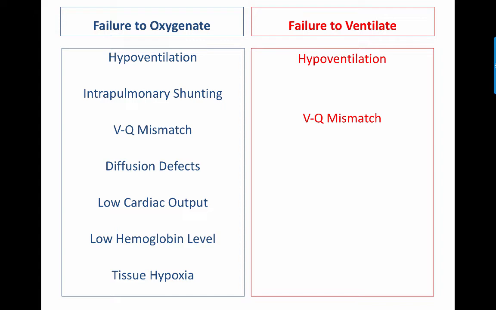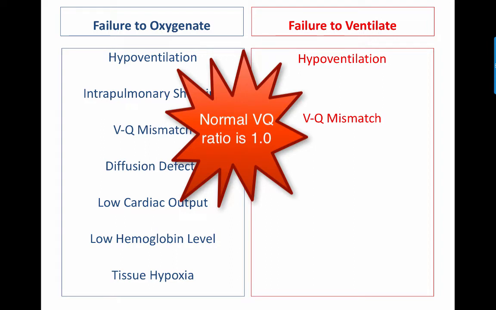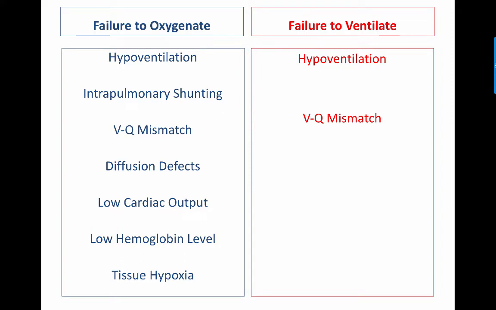When there's an increase in ventilation but not perfusion, or a decrease in perfusion, you're going to have a mismatch between ventilation and perfusion. If ventilation increases but perfusion does not, you have a mismatch. If ventilation decreases but blood flow is adequate, then the ratio decreases. It is a very common cause of respiratory failure and of hypoxemia.